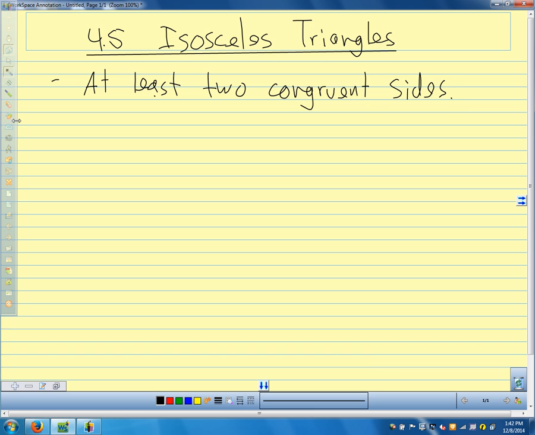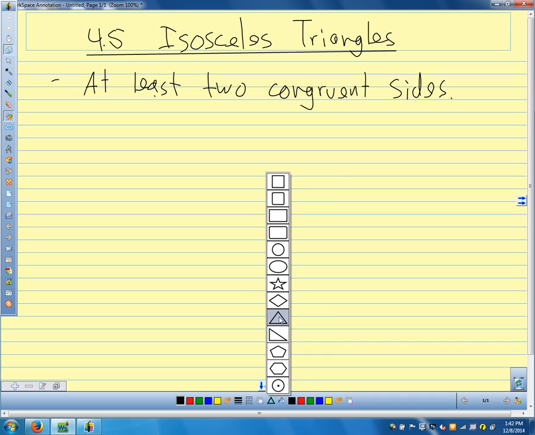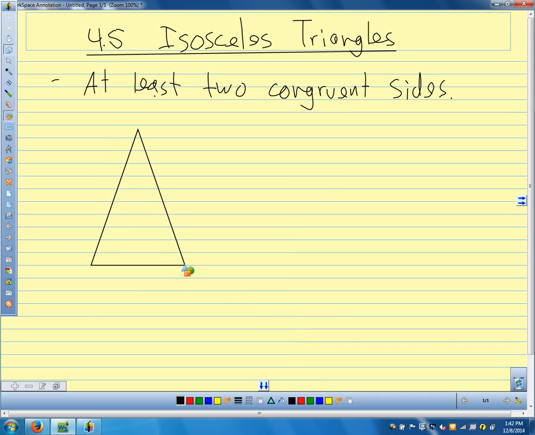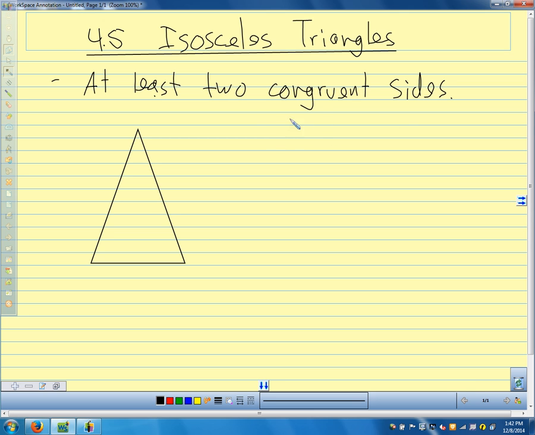So let's draw a picture. Usually the way we visualize isosceles triangles, they look kind of like that. The two congruent sides are called legs. So these two sides would be congruent. That would be a leg. That would be a leg.